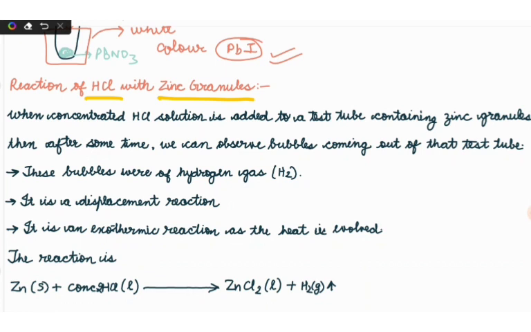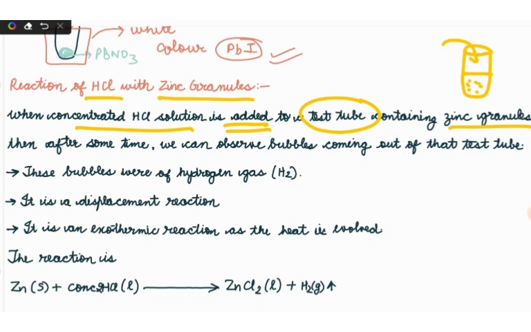When concentrated hydrochloric acid solution is added, it means we are taking this hydrochloric acid solution and adding it to a test tube which is already containing zinc granules. Here we have taken one test tube, and zinc granules are already present here. Now we have added our HCl solution inside it, and this is also concentrated.